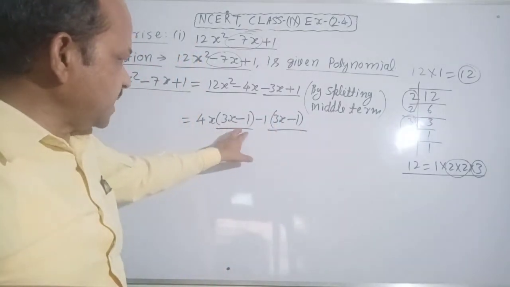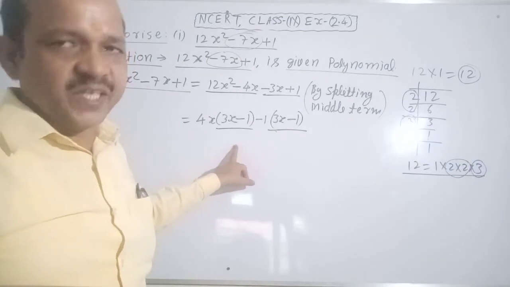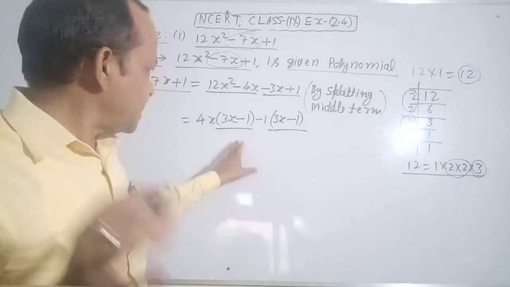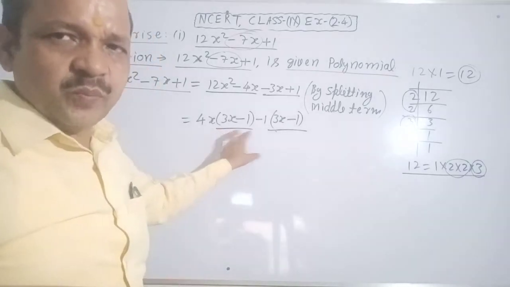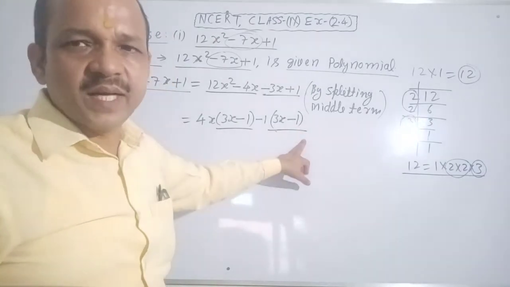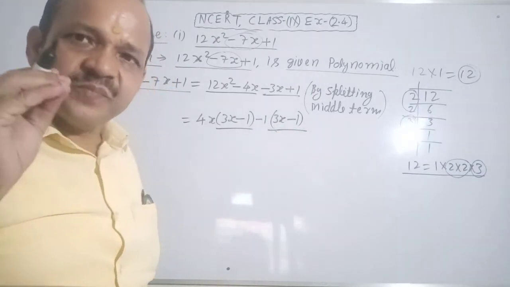First bracket 3x minus 1, second bracket 3x minus 1. Both are the same. It means your process is correct.